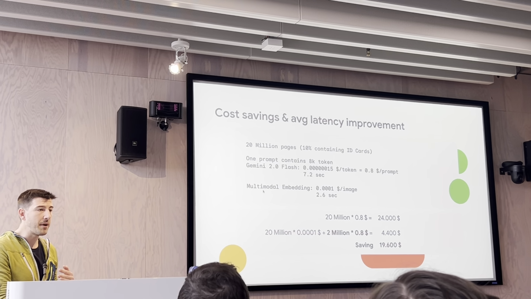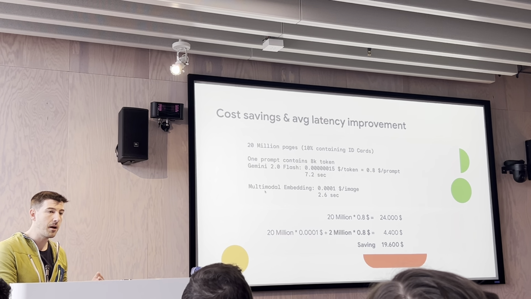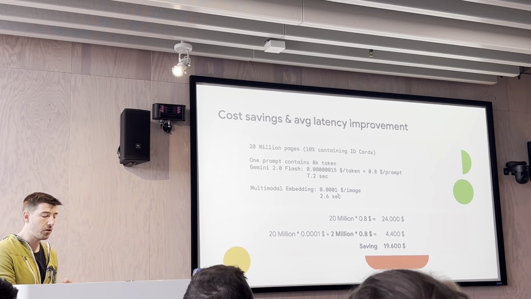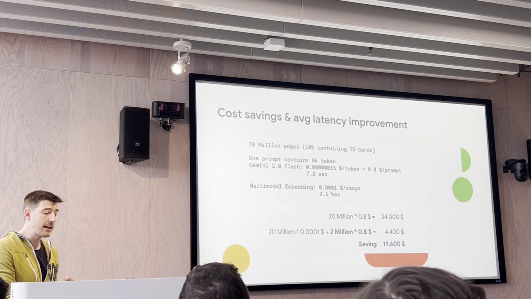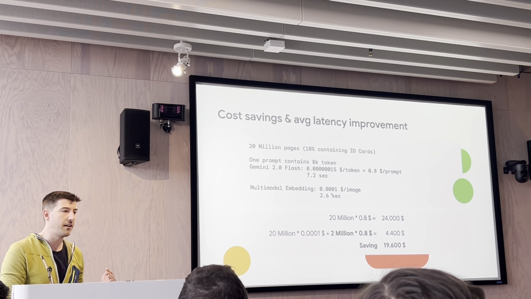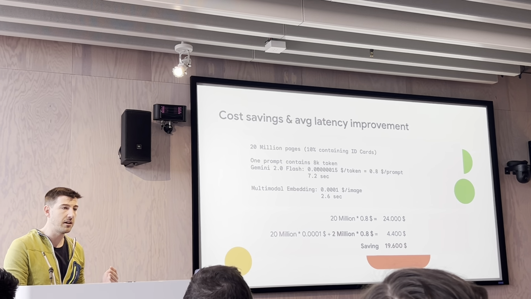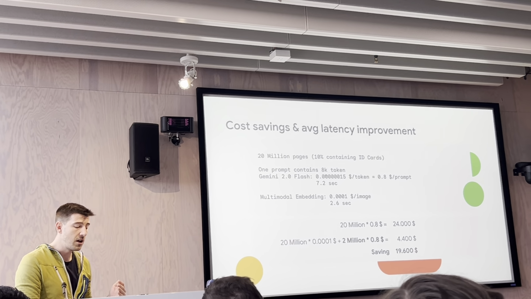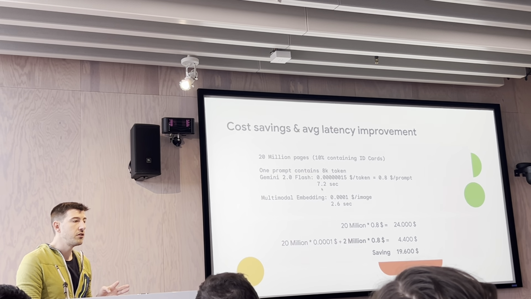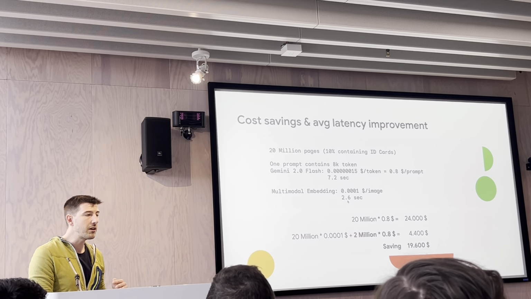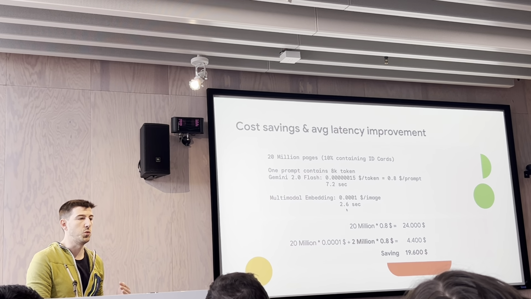Whereas a multimodal embedding API has a fixed cost, so one image costs exactly this amount of dollars, a couple of cents. And another advantage turned out to be that this prompt with the 8,000 token context on average takes 7 seconds, but the multimodal embedding API, only 2.